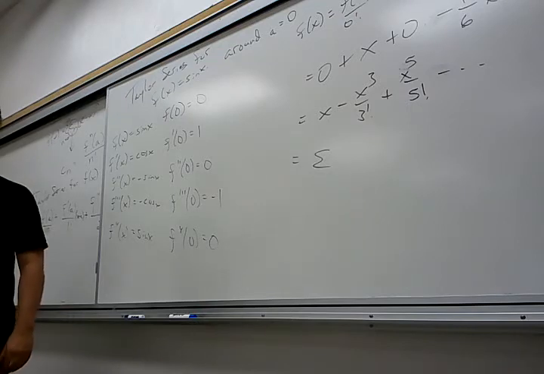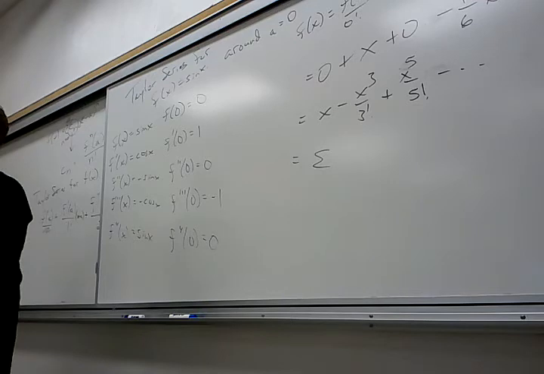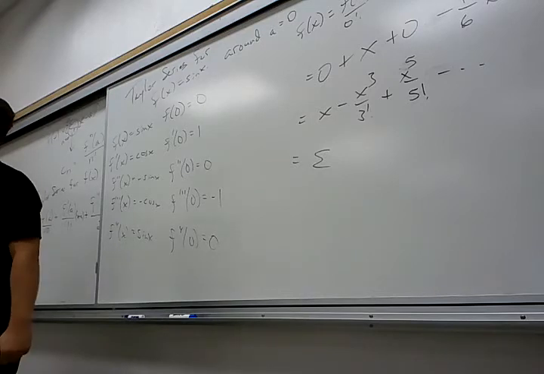All the powers and factorials are what kind of numbers? Odd numbers. How do you represent an even number? 2n. How do you represent an odd number? 2n minus 1 or plus 1, right? Whichever one's going to make sense.